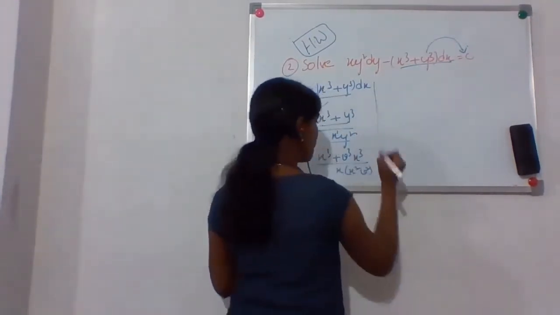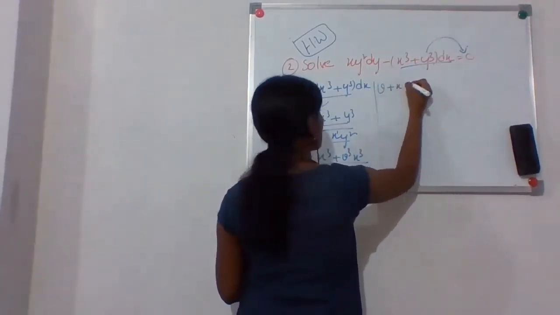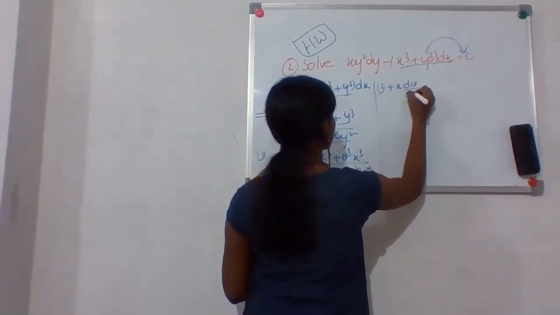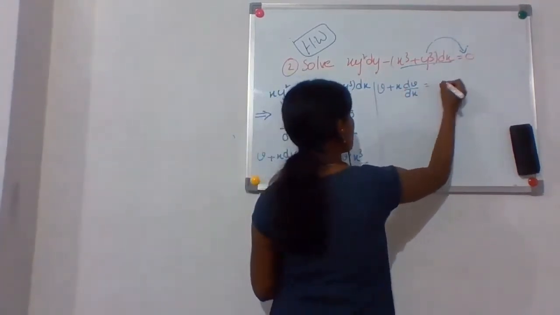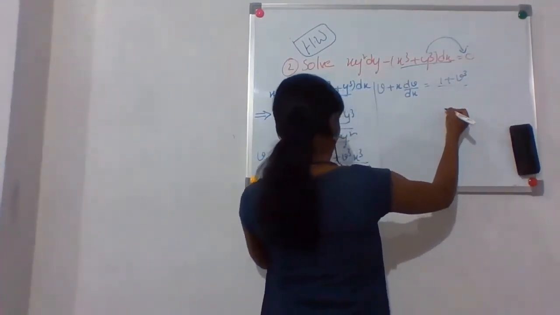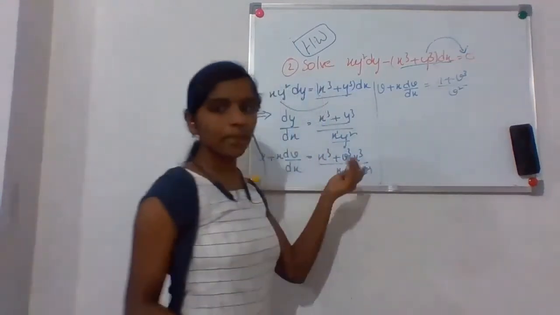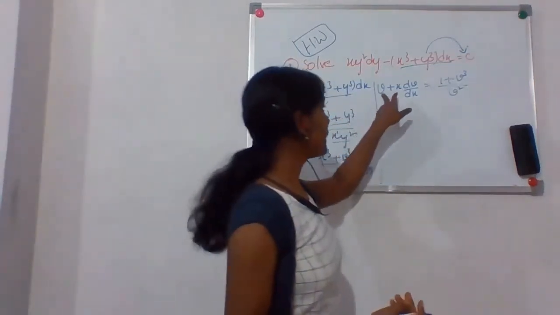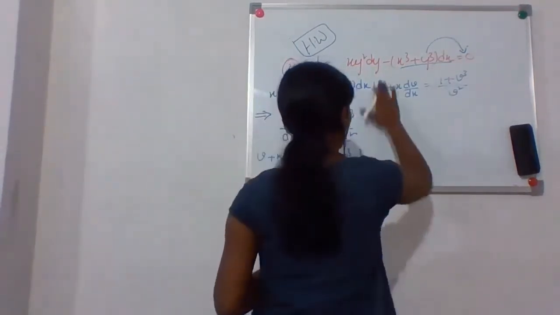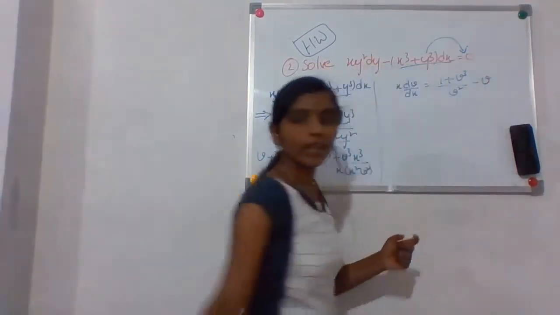Okay. So what will it become? v plus x into dv by dx is equals to (1 plus v cube) divided by v square. Am I right? So now let me do it in this step only, let me take v to that side. So I will get minus v over here. Am I right?